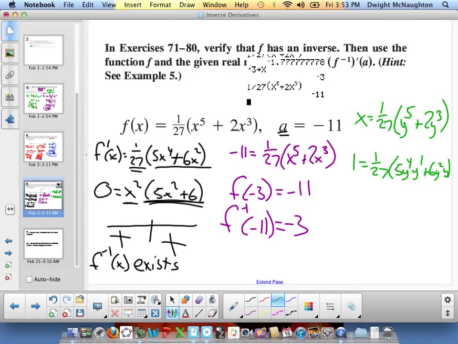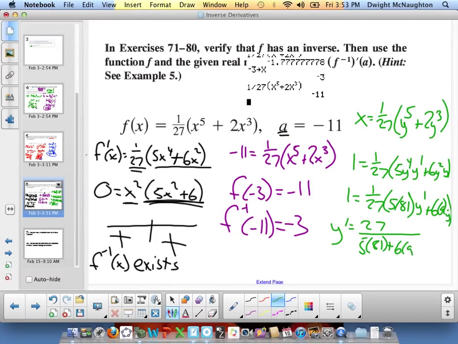Plug in negative 3. 1 equals 1 over 27, 5 times 81 y prime plus 6 times 9 y prime. Then divide that out. Y prime equals 27 over 5 times 81 plus 6 times 9. I'm not going to calculate that all the way out in the interest of time, but you can see it works out to a fractional number.